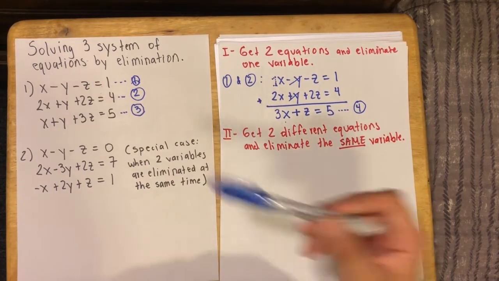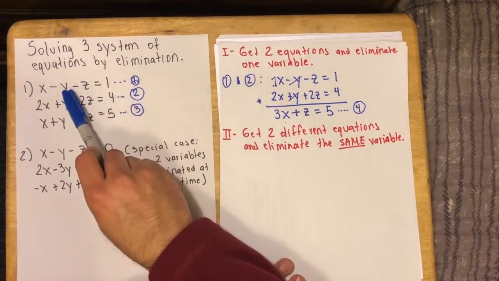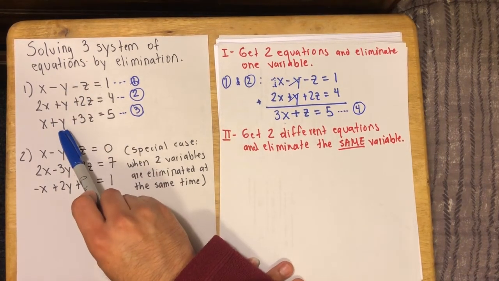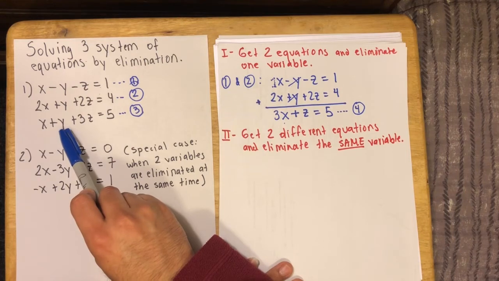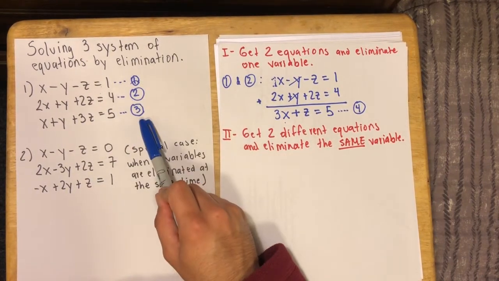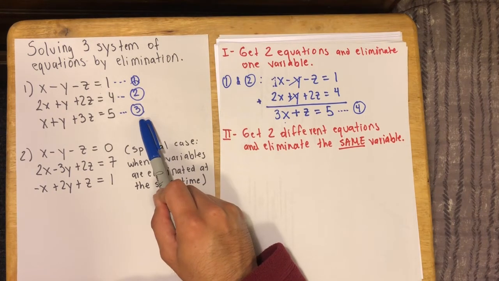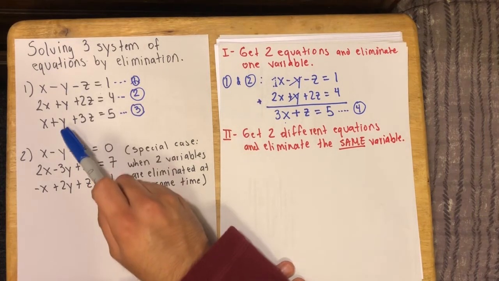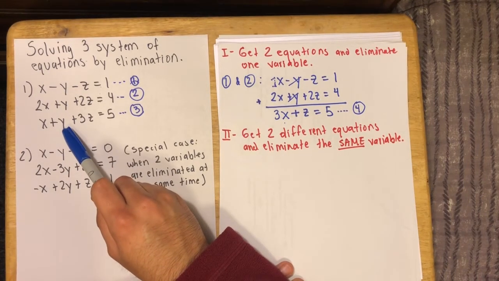Notice in equation 1, the y is already negative, and in equation 3, the y is already positive. It's the same step that we did before. So I could take equation 1 and 3 and add them together, and eliminate the y, because one is negative and one is positive.